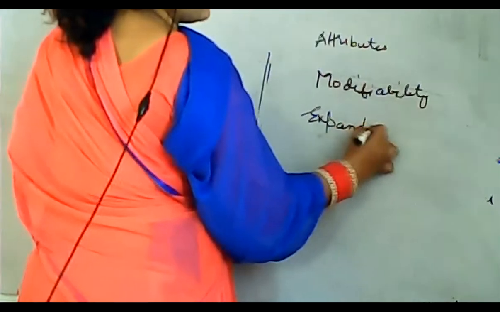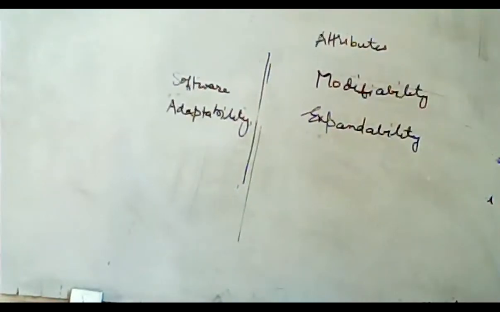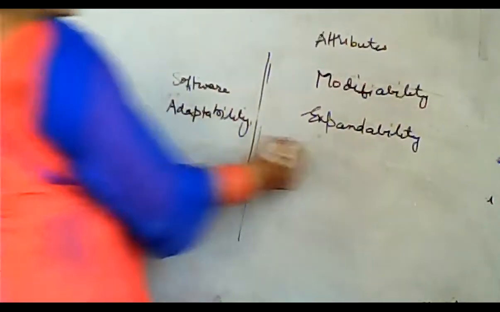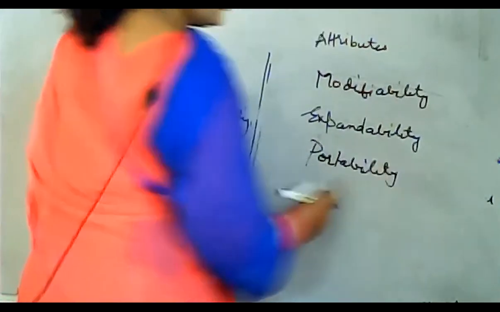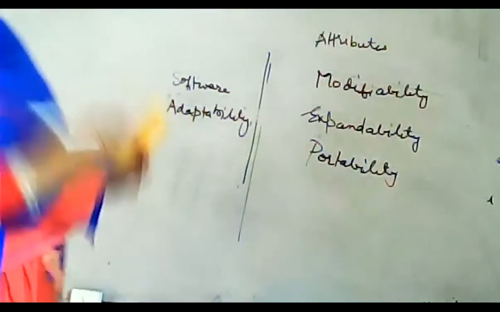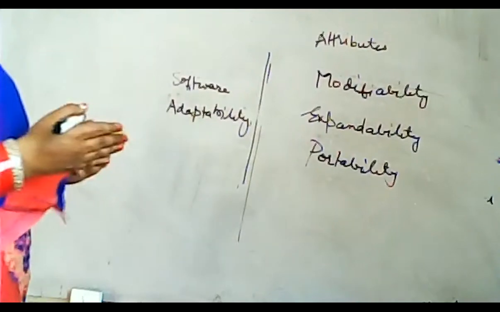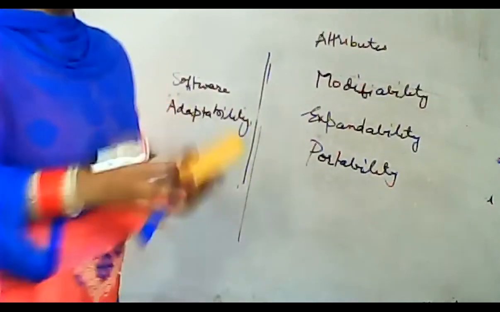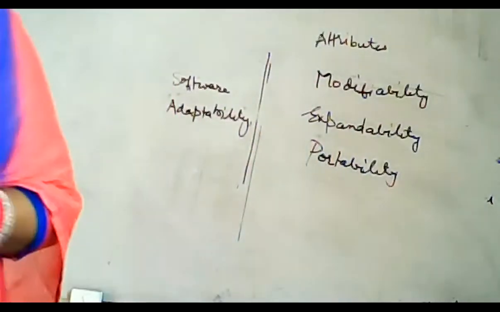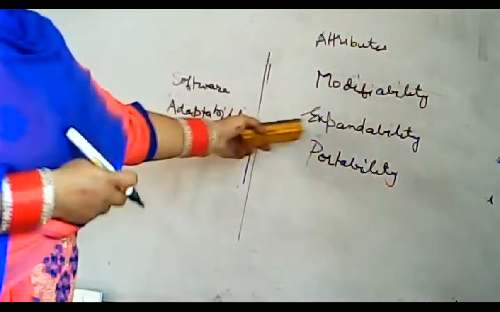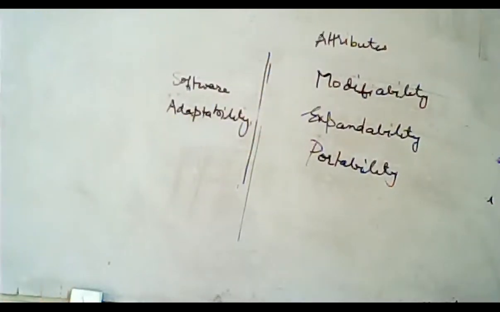We can expand that software. ला सकते हैं कुछ new features डाल सकते हैं. Only then we say this is adaptable to the new environment. And now last but not the least, portability. We are able to shift from one environment to another environment or one operating system to another operating system. The software is portable, it is adaptable to the new environment. So software adaptability comes with modifiability, expandability, and portability attributes.